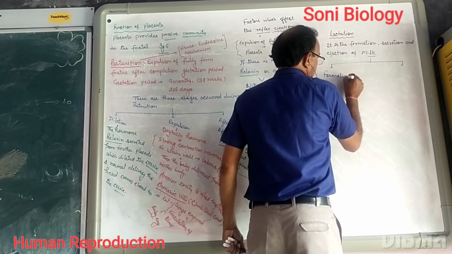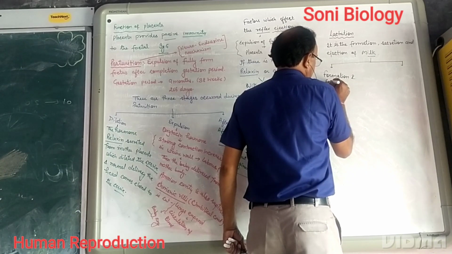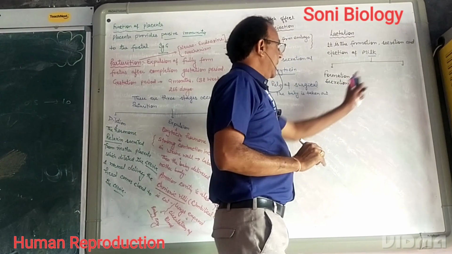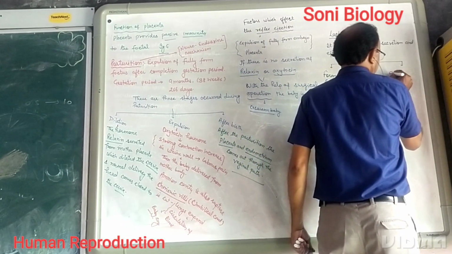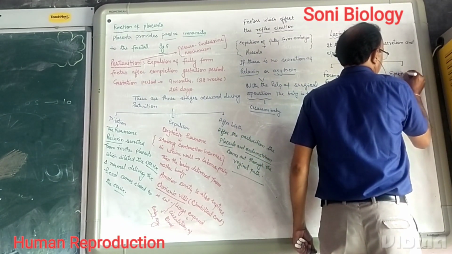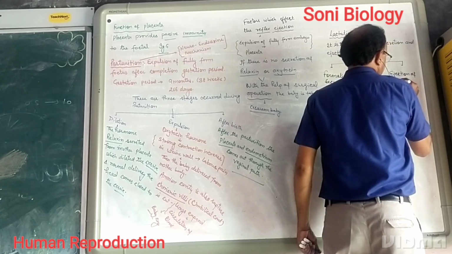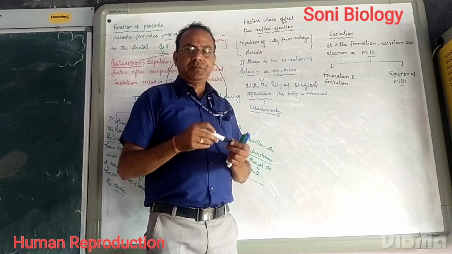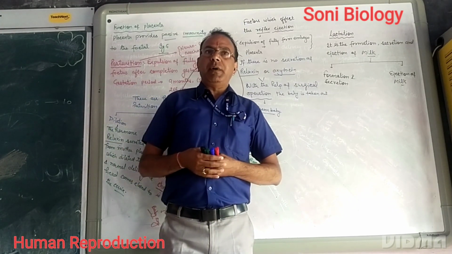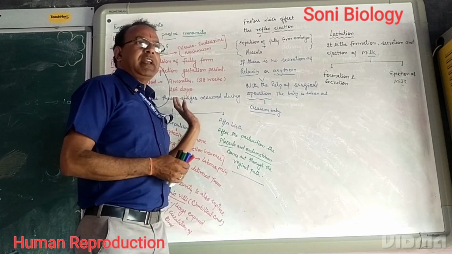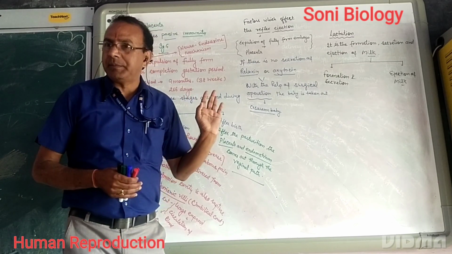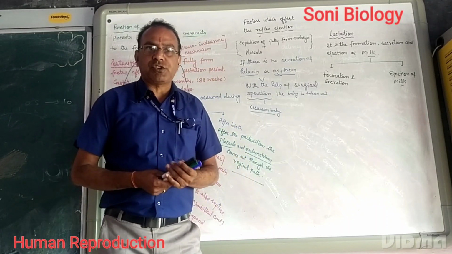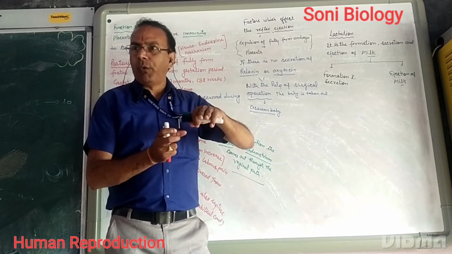Formation and secretion, or we can say formation of milk, and second is ejection of milk. How can this take place? As we know, in mothers, during the delivery time period, progesterone hormone is at maximum, but after delivery the level of progesterone and estrogen becomes low.